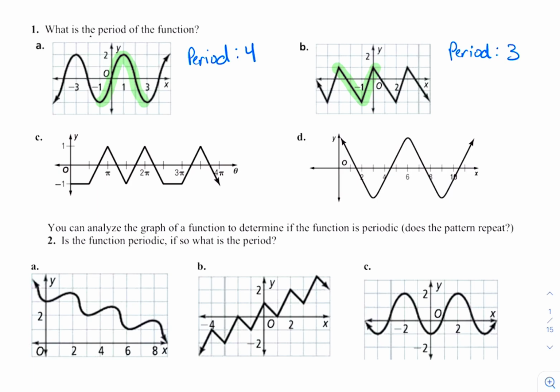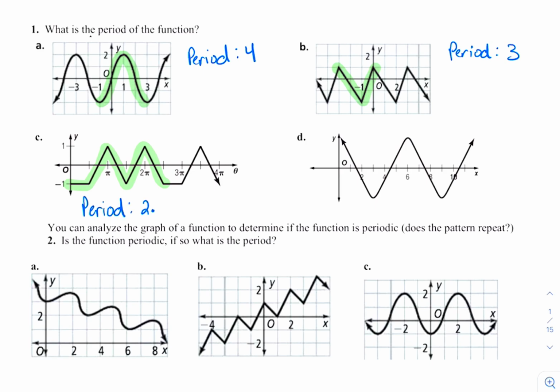Now, as I look at this next one, I can't really see a repeating pattern. So that means that there's only one full cycle in this picture. I'm going to choose from here to this point. When I'm looking at this, my unit of measurement is half pi. So if I am getting my total length here, this should be 2.5 pi for the period.